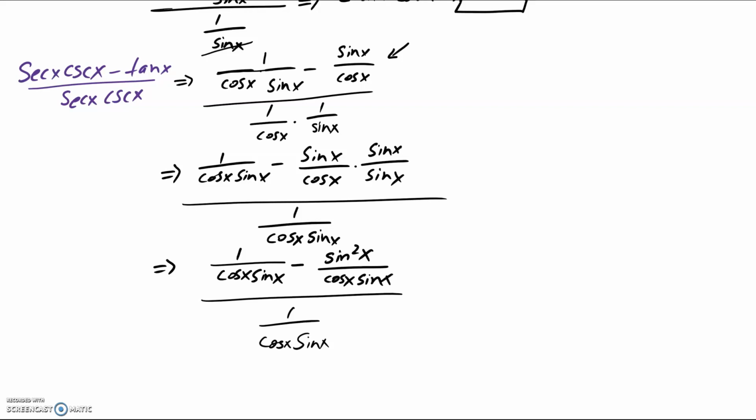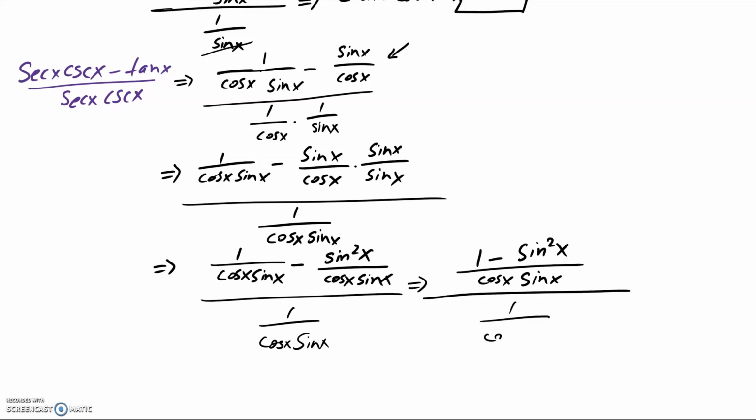Clear? Now this expression in the numerator will become 1 minus sin squared x over cos x sin x, over 1 over cos x sin x.